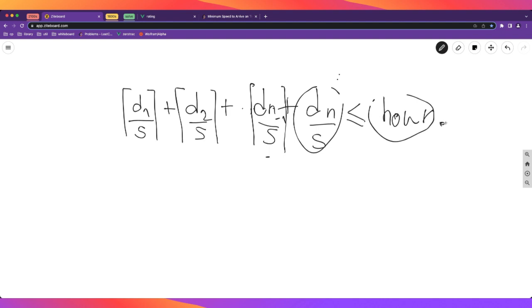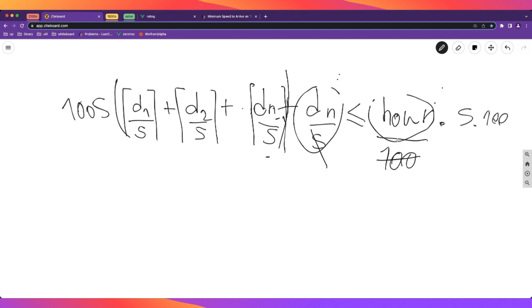So here we can multiply by s on both sides, and this s gets cancelled, and now this is not being divided. But we said that we have 100 hours, so we can divide by 100 and multiply by 100. And now again, since we have 100 dividing, we can cancel it and move it here.